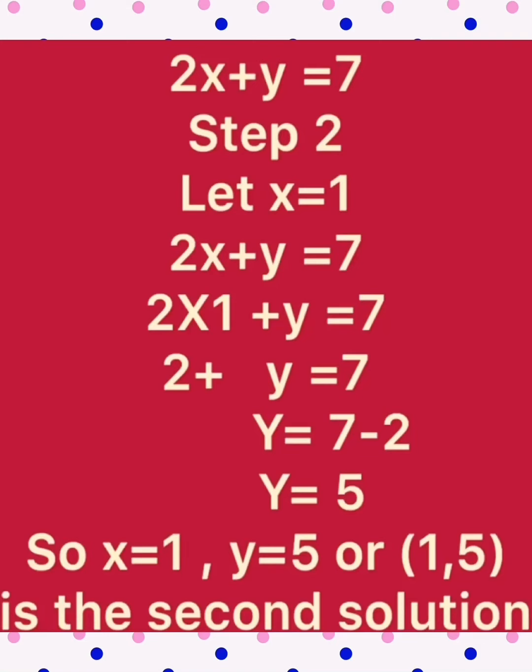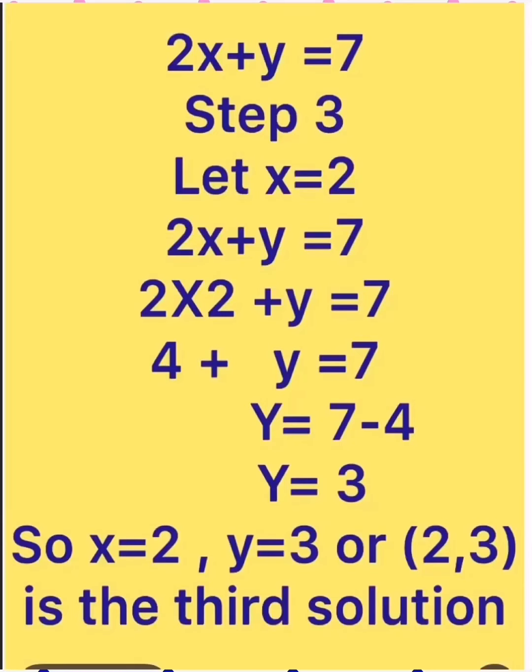Step 3, children, I have taken the value of x now 2. Let x equal to 2. I will put this value again in the given equation 2x plus y is equal to 7. 2x means 2 into x, means 2 into the value of x, here 2. So 2 into 2 plus y is equal to 7.